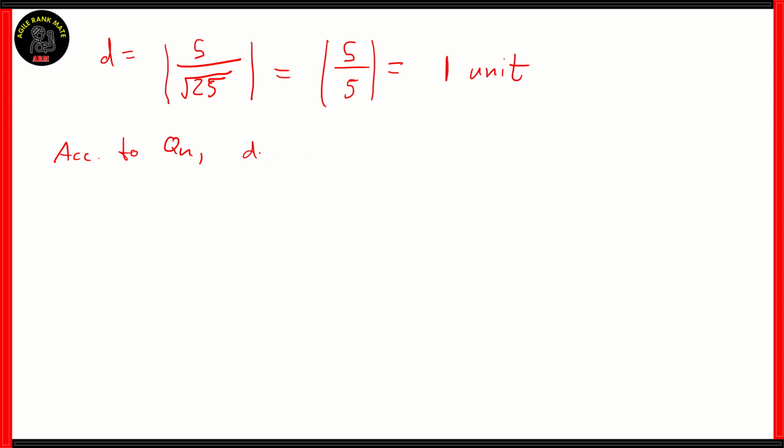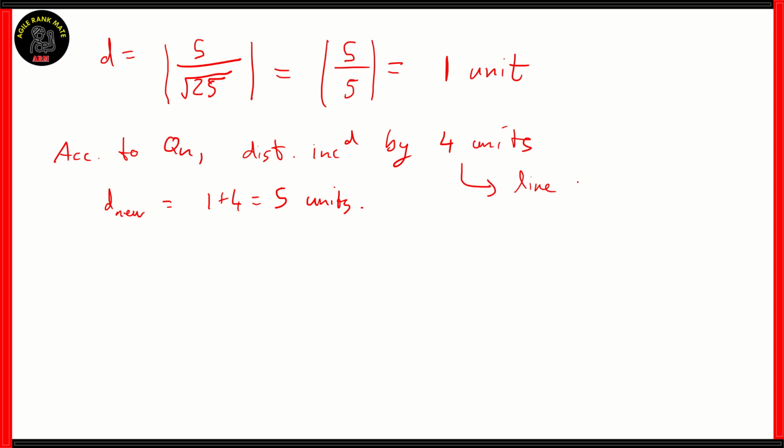Now, according to the question, the distance between the point and the line is increased by 4 units, which means the new distance is equal to 1 plus 4, that is 5 units. However, the distance is increased by 4 units because the line is moved parallelly.